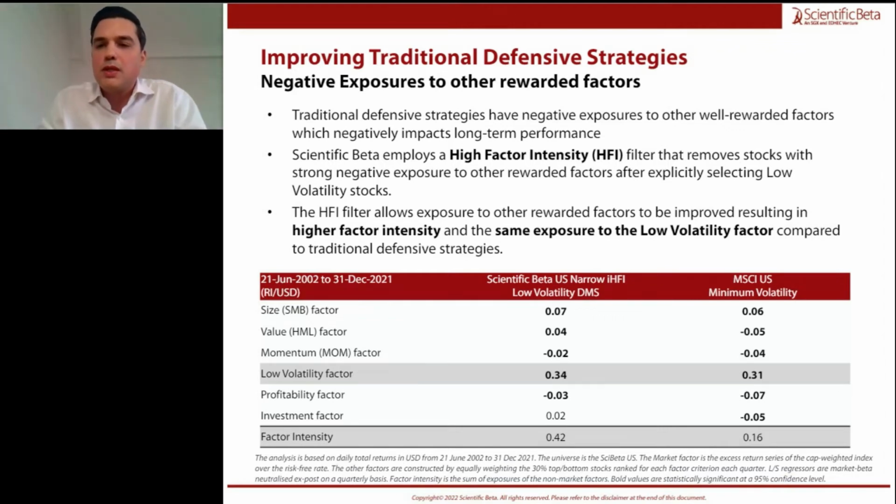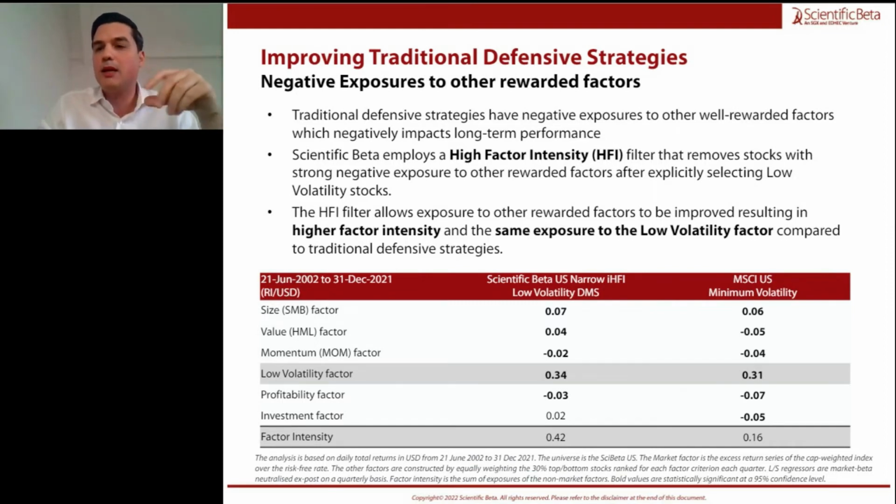The way to do this is through a two-step process. In summary, the first step is to do a stock selection towards low volatility stocks, which will be the first step to get this low volatility exposure that you are seeking.